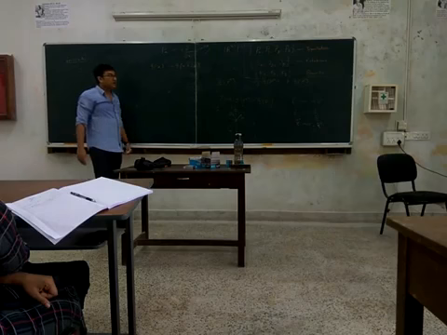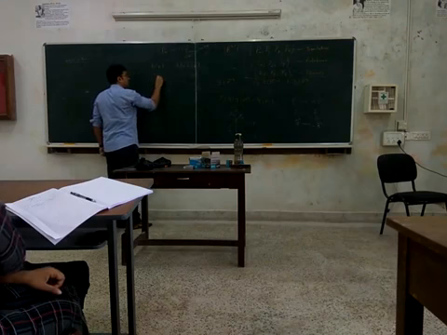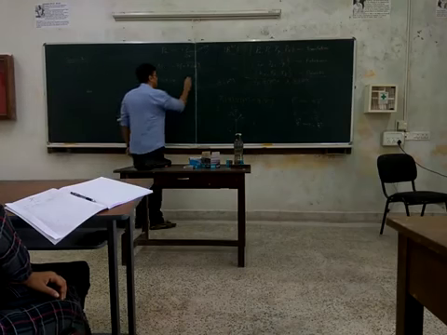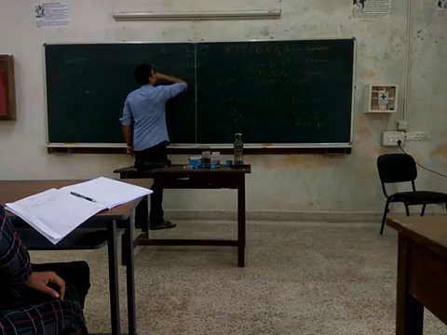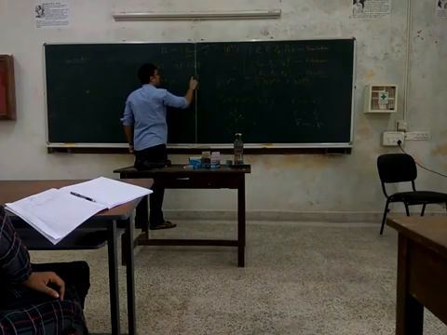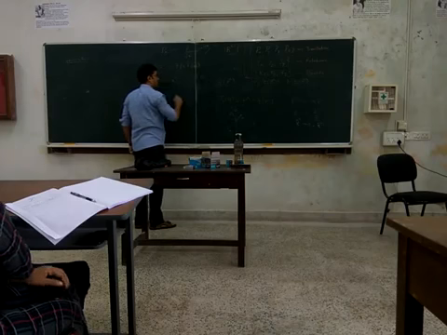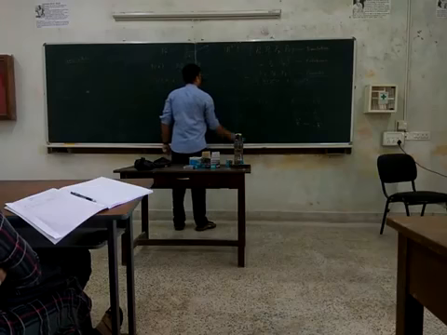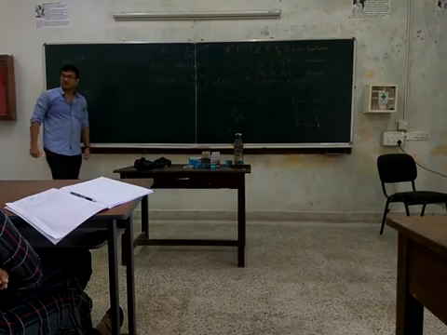Okay? How do I describe this? This can be written in this way: e to the i delta x px, times psi of x. Right?